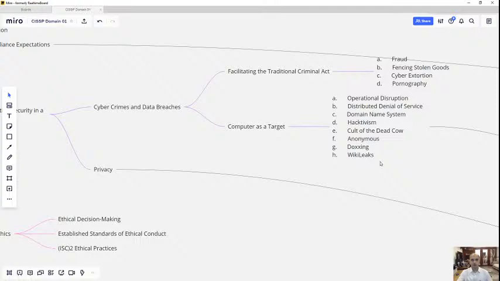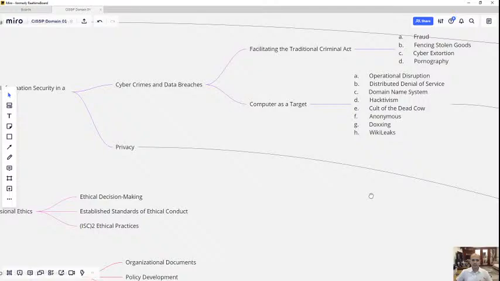Normally we are missing them. Normally we are not giving them more emphasis, but in the exam you will get a question on them, right? So our main emphasis till now is about cybercrime and data breaches, but we also need to know what exactly hacktivism is, what exactly doxing is, what exactly WikiLeaks means, right? So these are the takeaways.